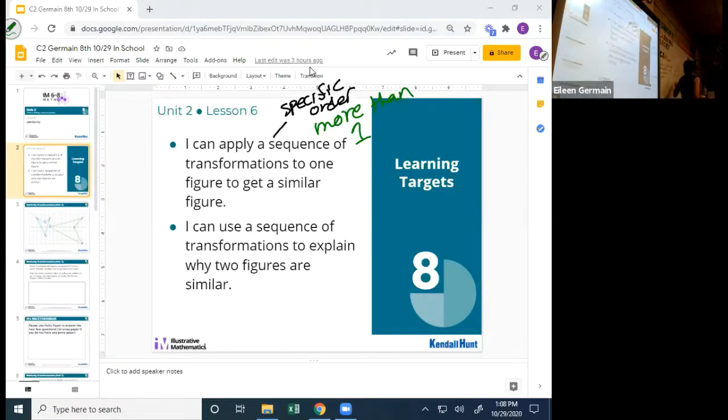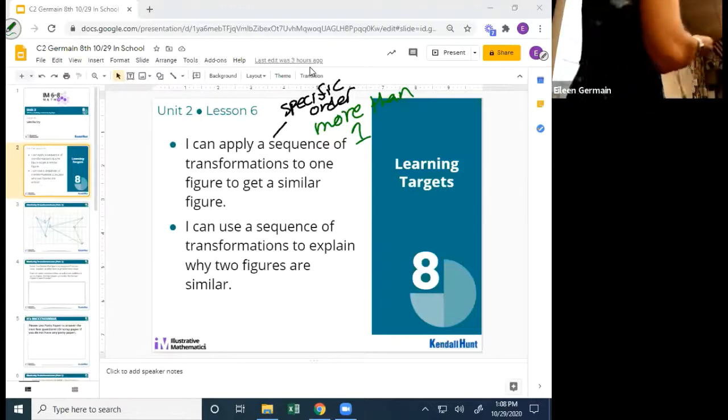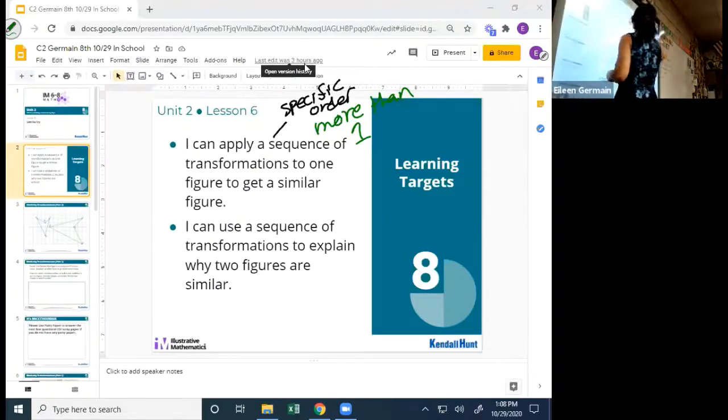Similar means same shape, but different size. So the side lengths aren't going to be the same anymore, but the angle measures are. It's going to be the same shape, but it might be either bigger or smaller. Does that make sense? So congruent is same size, same shape. Similar is just same shape. Okay. It'll make more sense once we look at it here.